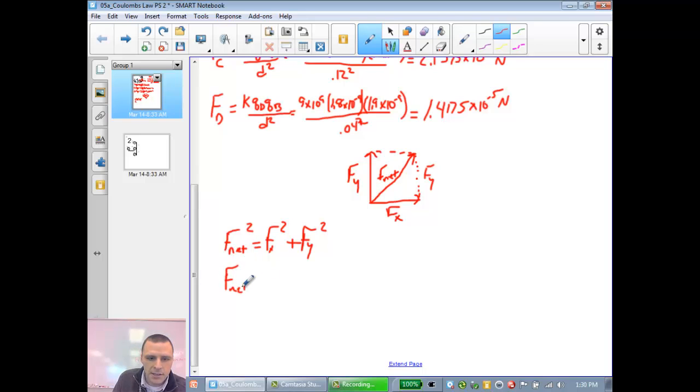Doing the F net out, F net equals the square root of Fx squared plus Fy squared. Numbers are going to go in.